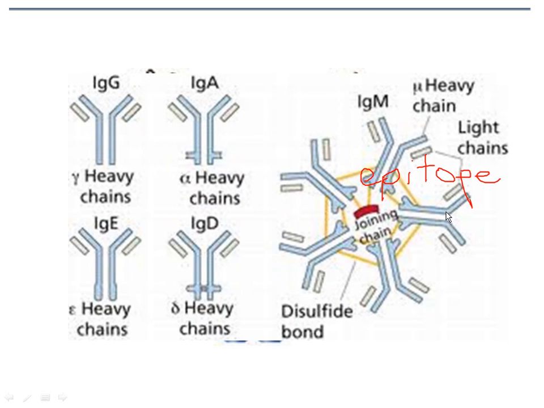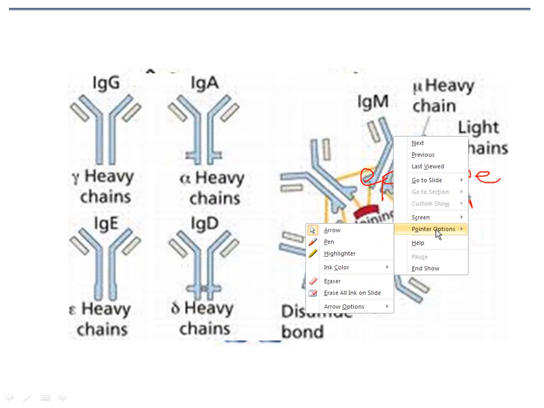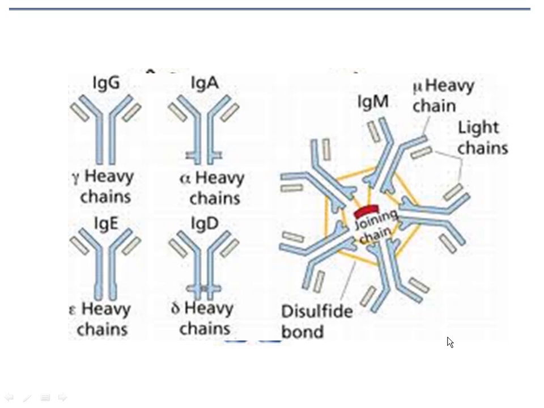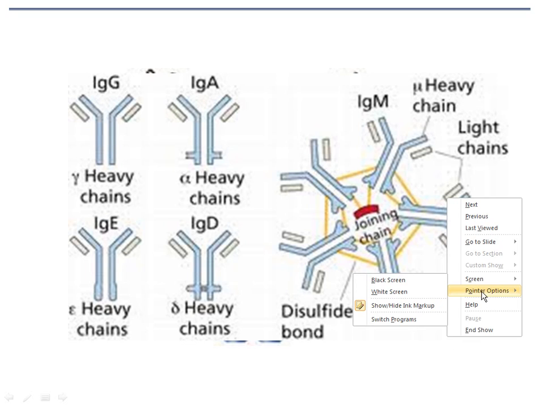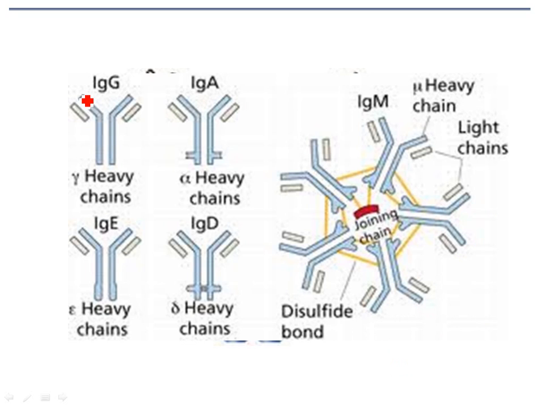So here's how we put these different things together to create different antibodies. Here's my heavy chain, and here's my two light chains. So there's my Y-shaped structure. Some Y-shaped structures are used to just kind of leave it in that form.